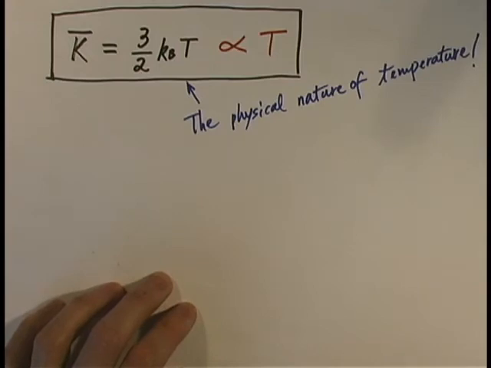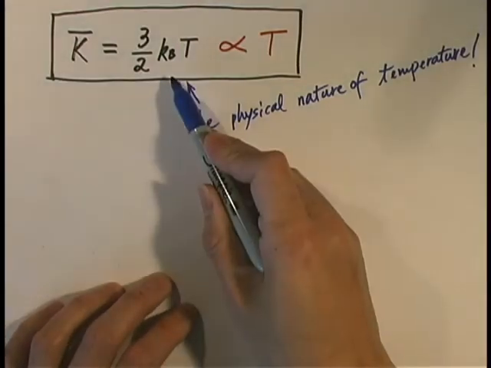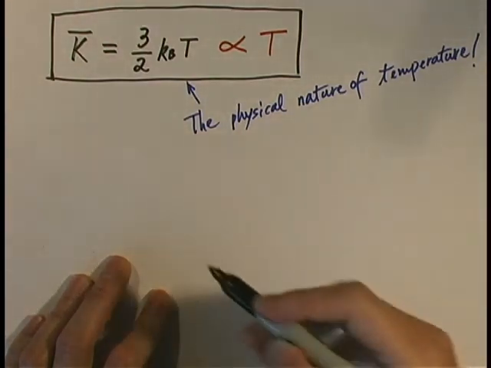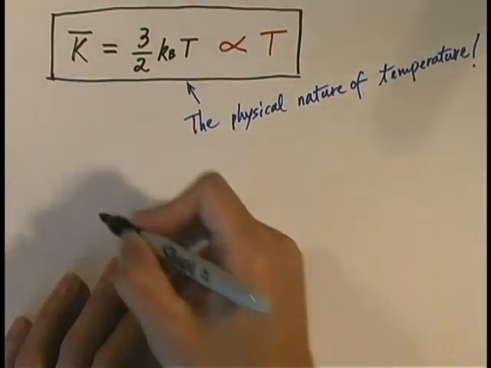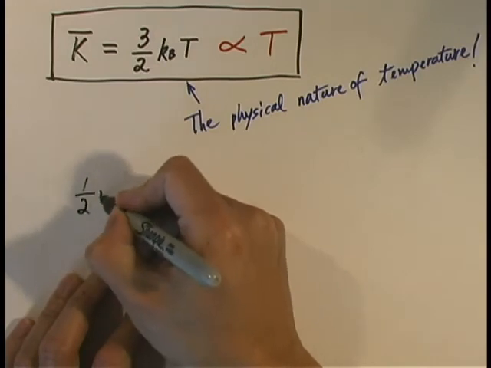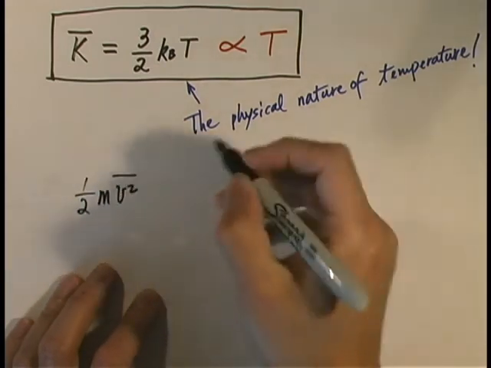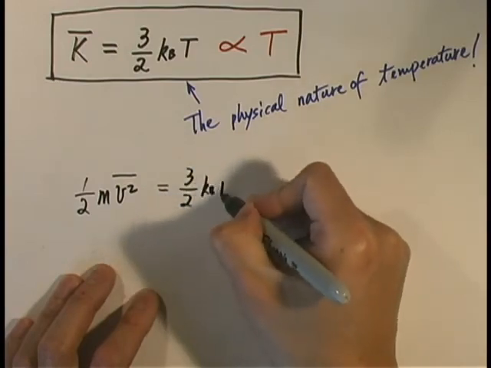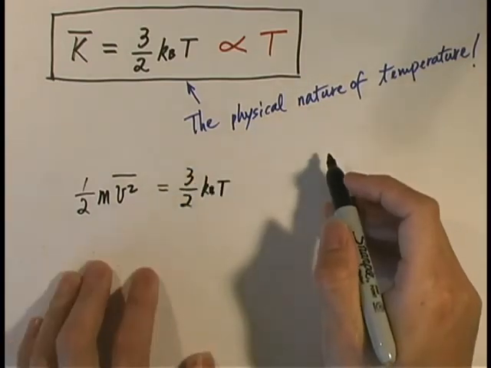Now, we can use this formula to figure out some sort of average value of the molecular speed, because after all, this is 1/2 mv squared. So we can write 1/2 m v squared, average, of course, equals 3/2 kT. And from that, we can solve for v squared.